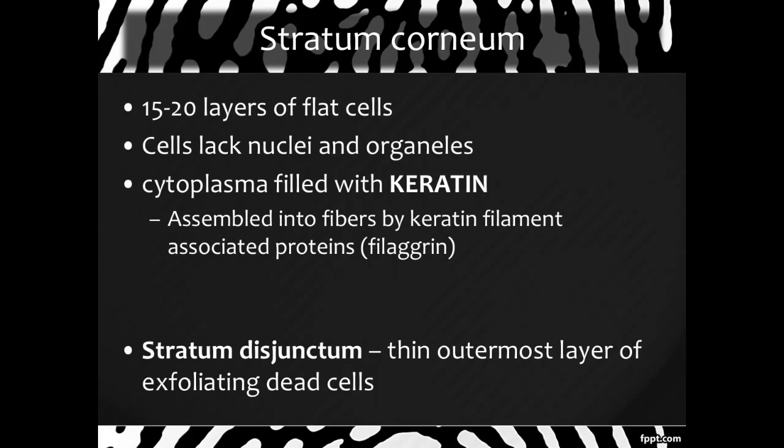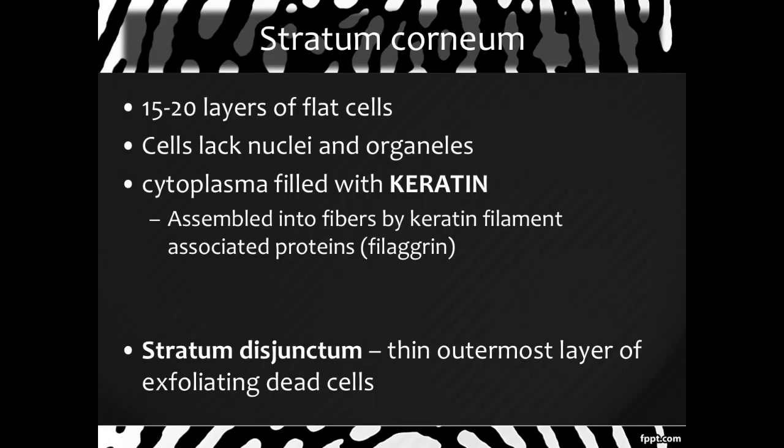this layer is keratinized, and these cells lack nuclei and organelles, so they are not proper cells. They are rests of cells, and cytoplasm is filled about 85% with aggregates of keratin. We call that soft keratin.